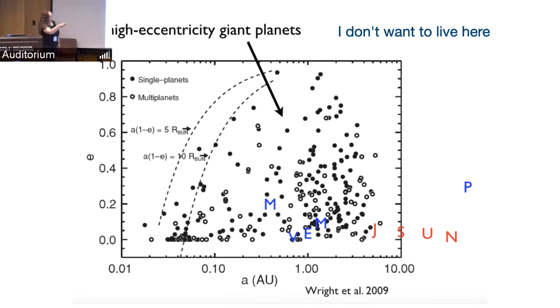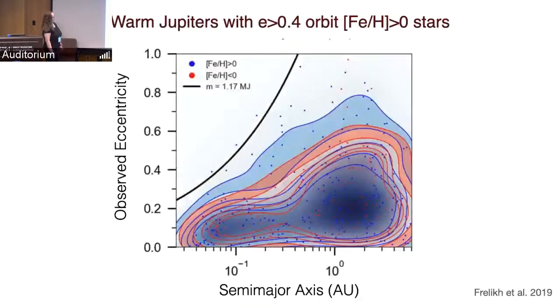So this is from 2009, but it hasn't changed that much. These are the gas giants that we know about. None of them are what we're looking for, right? There's Jupiter right there, on the outside, zero eccentricity, like right at the edge. Okay. None of these are what we want. None of them.